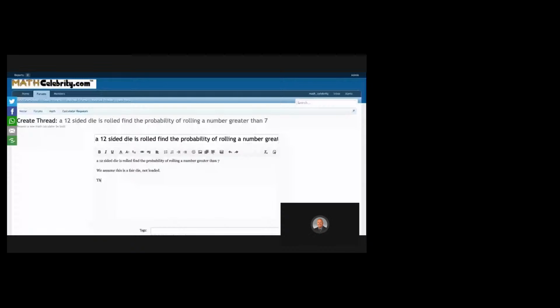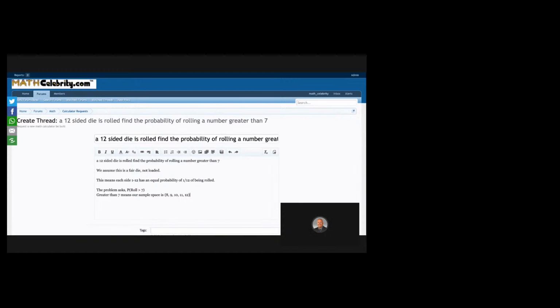So the problem asks probability of roll greater than 7. Well, greater than 7 means 8, 9, 10, 11, 12 for a 12-sided die. This is our sample space. So our sample space is 8, 9, 10, 11, 12.